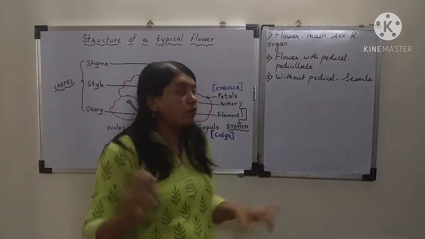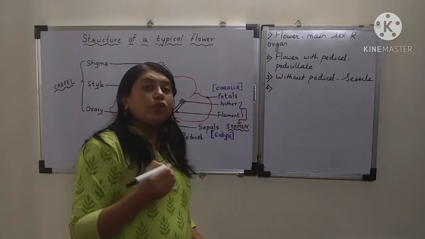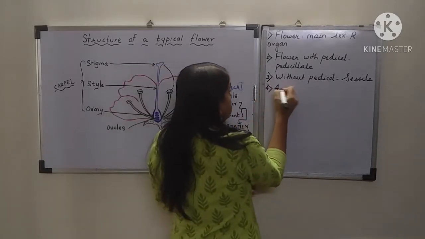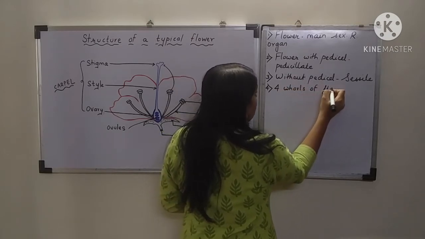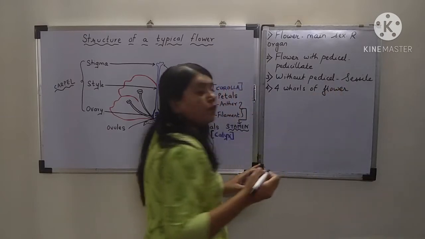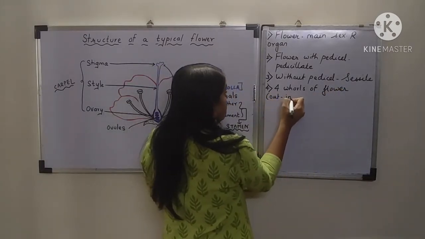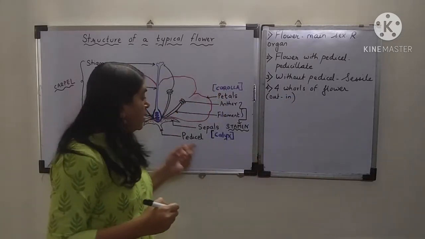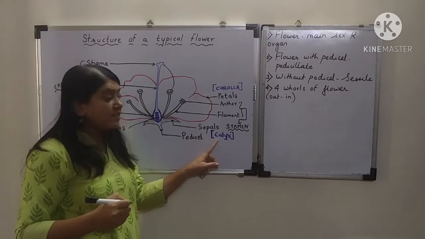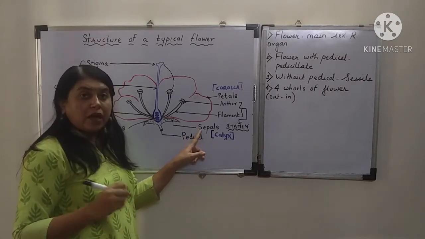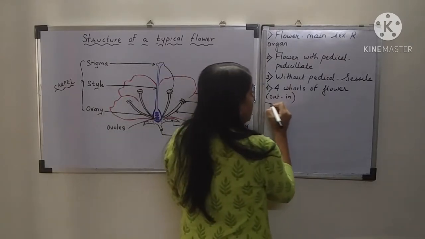Then coming to the whorls of the flower, from the outermost whorl to the innermost whorl, we are going to describe the four whorls of the flower. So the fourth point: the four whorls of the flower from outside to inside. The outermost whorl of the flower is called the calyx, and the individual members are called sepals. So we will make a small chart, a small table.